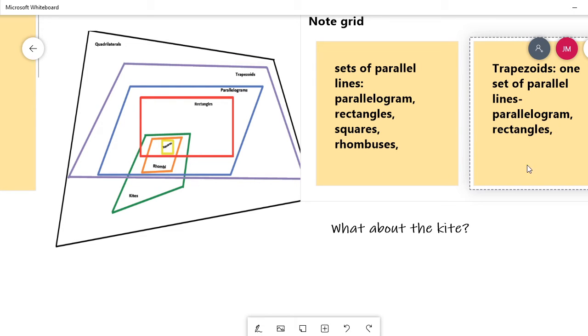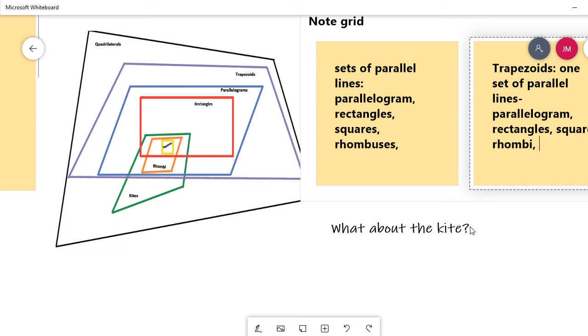What about the square? I believe the square can also be a trapezoid because it has two sets of parallel lines. What about the rhombus, the rhombi? I think they are also trapezoids because they have two sets of parallel lines. The kite will not qualify. The kite does not have one set of parallel lines.